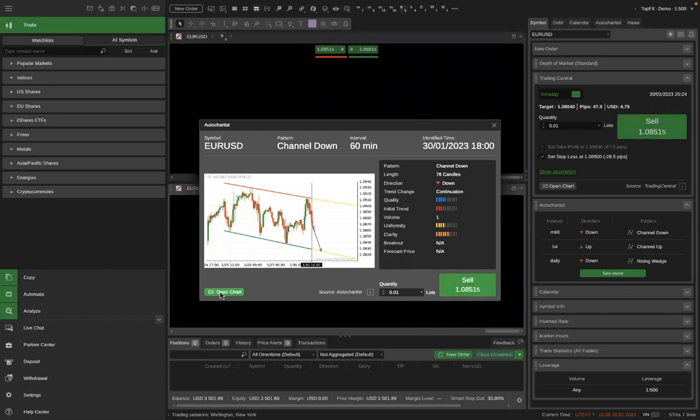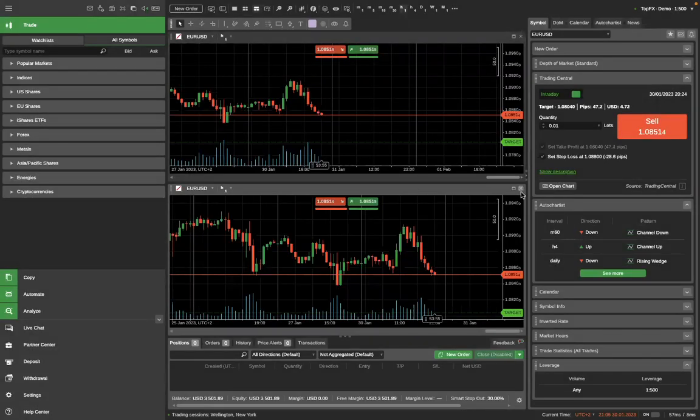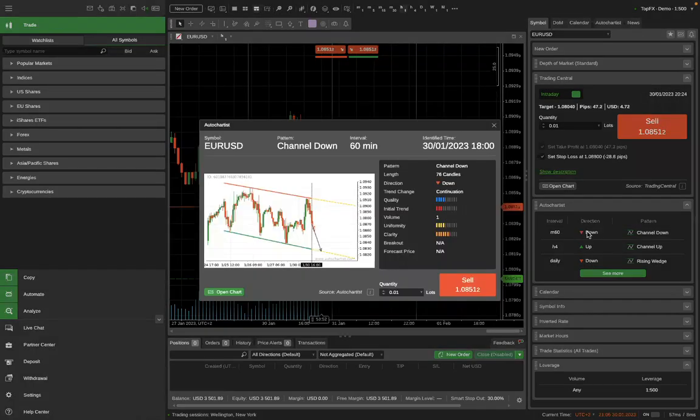If we open the chart, no, it's not what I wanted, so let me just go back. There you go. It was identified at 6 p.m., so not that long ago, only about 2 hours ago. We got 76 candles in the down direction. This is a continuation pattern, so the trend should continue to the downside.